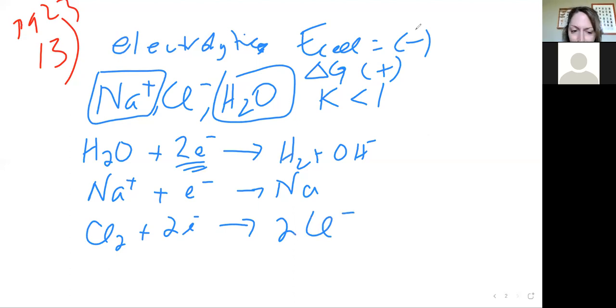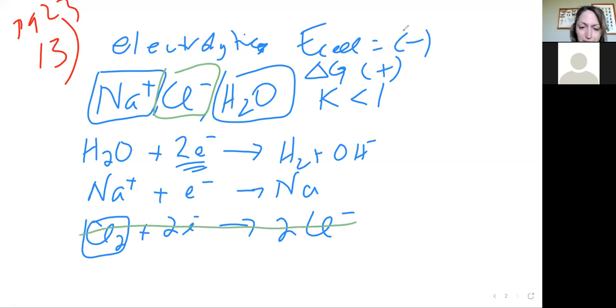Well, that reaction can't happen the way it's written, because there is no Cl2 available in my original setup. It's just not there. But what I do have is Cl-. So as written, this reaction really isn't a possibility. But what can happen is that this can be my oxidation.